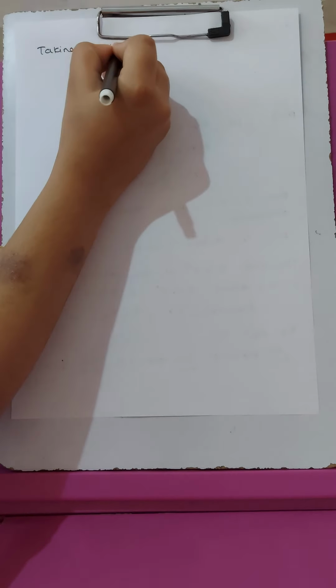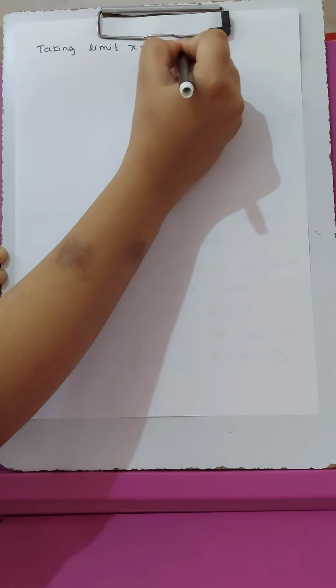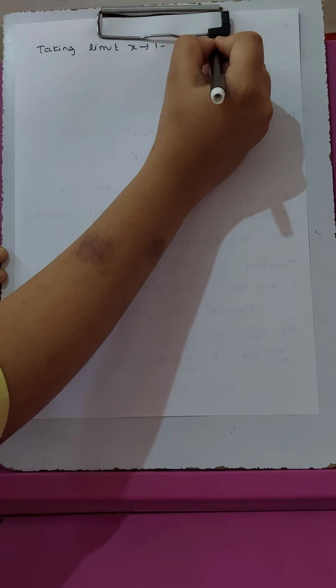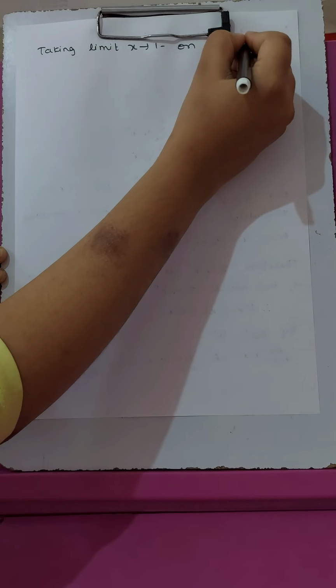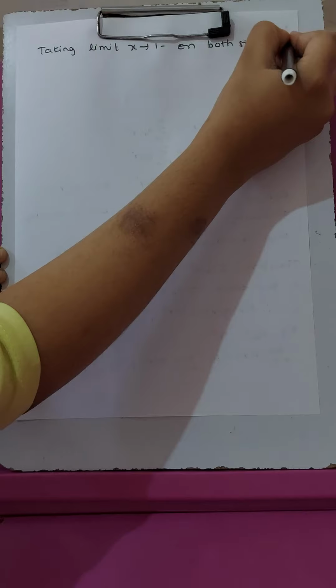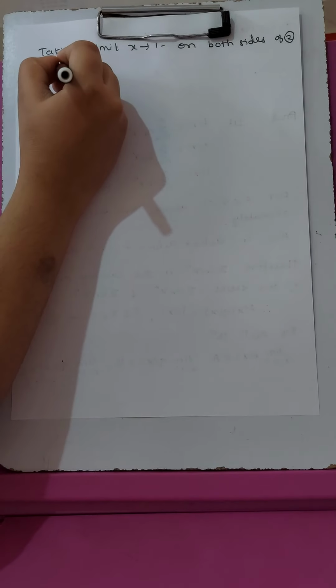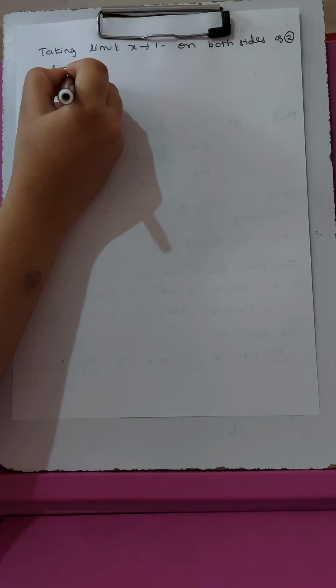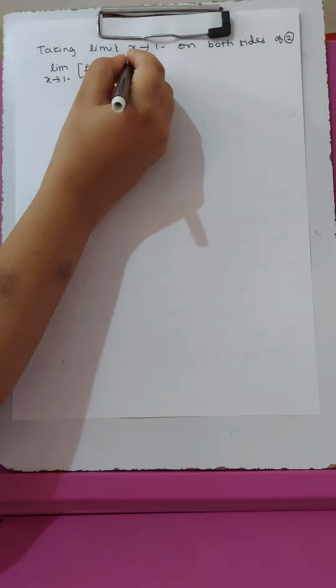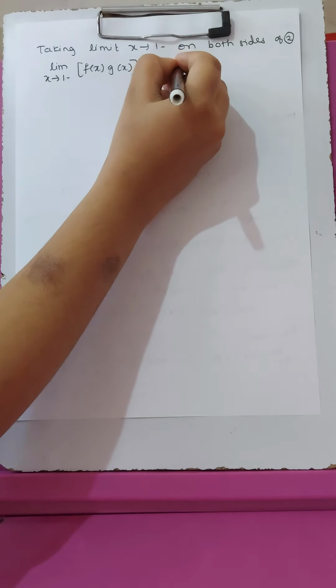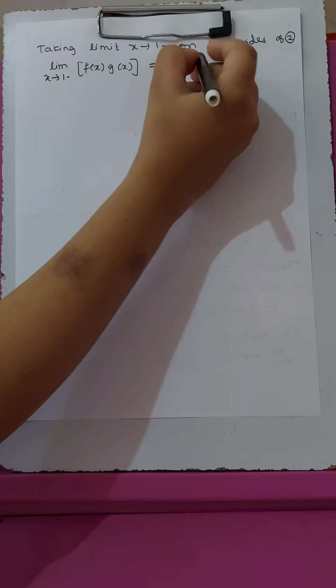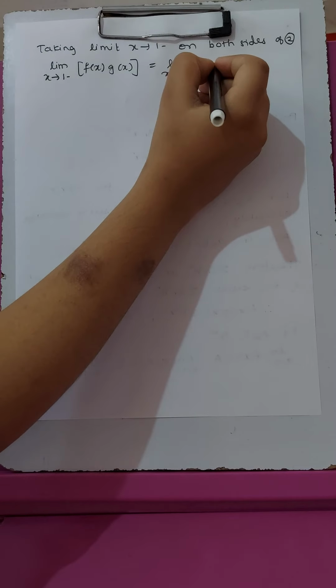So now taking the limit x tends to 1 minus on both sides of the second equation, we get limit x tends to 1 minus f of x g of x equals limit x tends to 1 minus h of x.